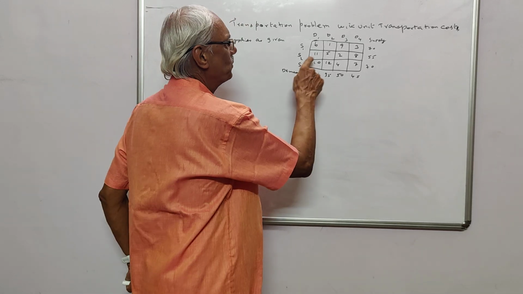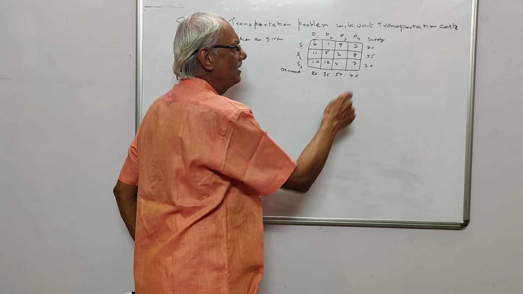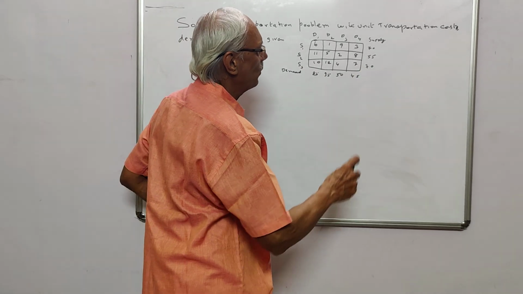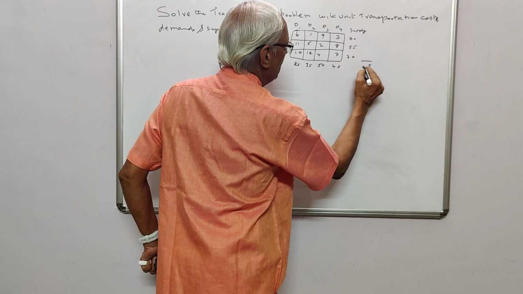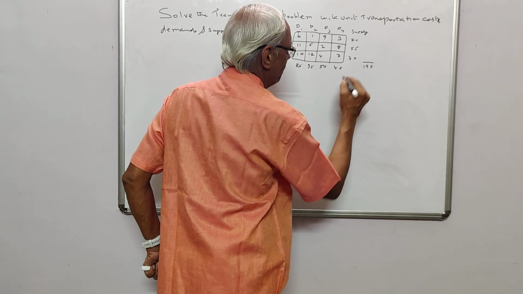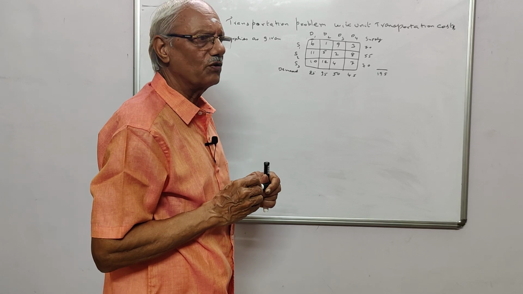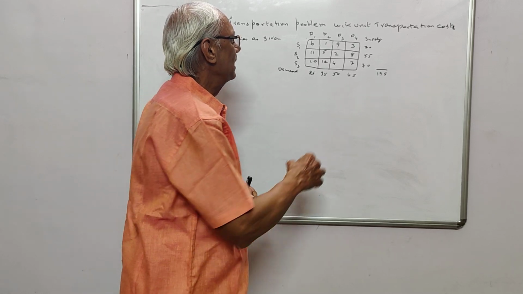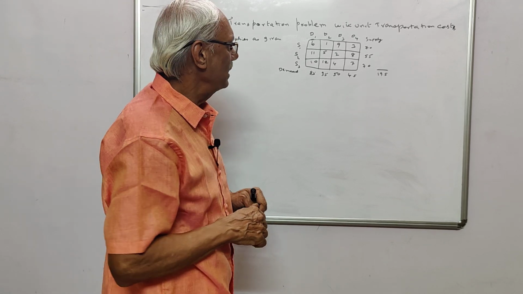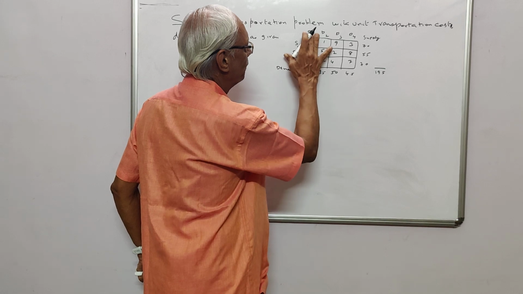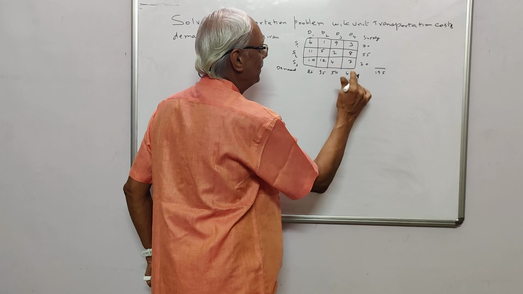S1 is producing 70 units, S2 is producing 55 units, S3 is producing 70 units. So the total production, when you add, will be equal to 195. The 3 units together put 195 units of production, and the demand for their sales units are 85 for D1, 35 for D2, 50 for D3 and 45 for D4.